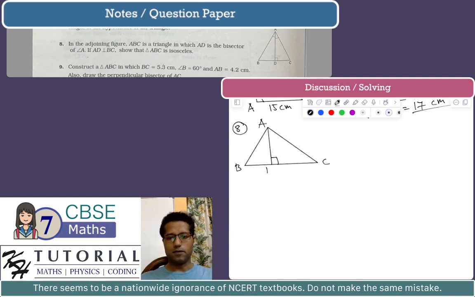This is point D. Then show that triangle ABC is isosceles. So we see there are two right angle triangles, ABD and ADC.